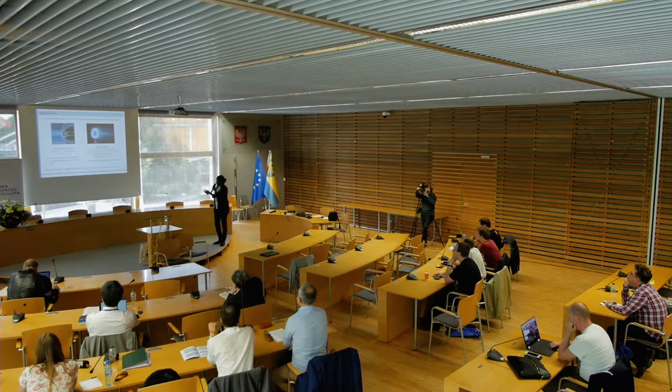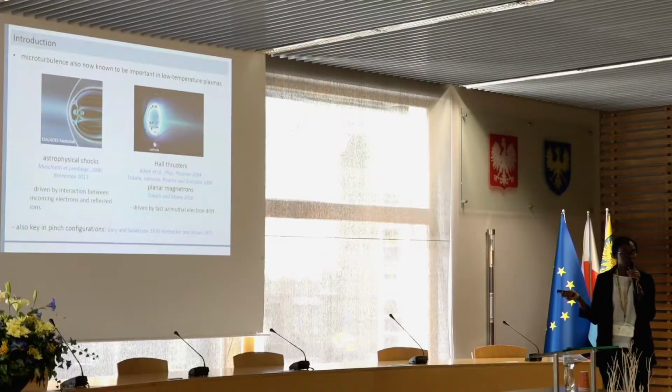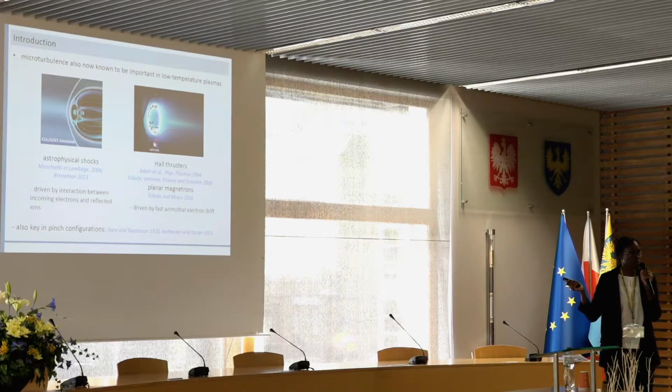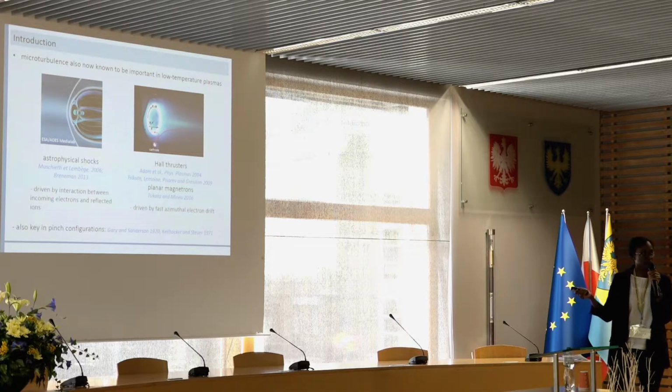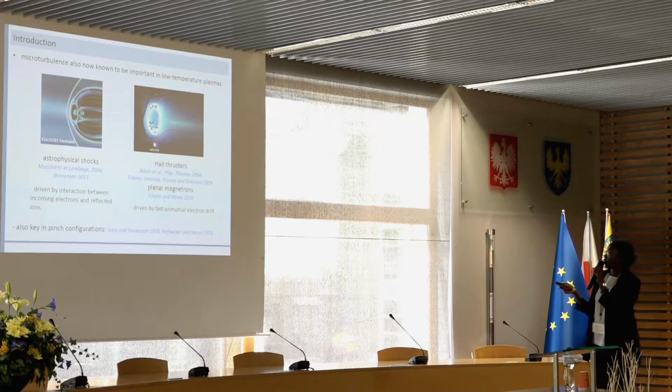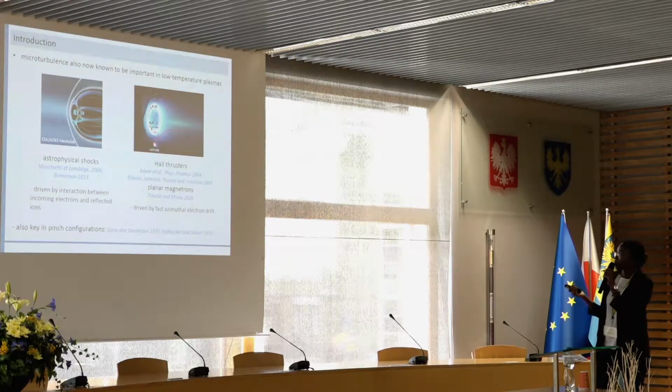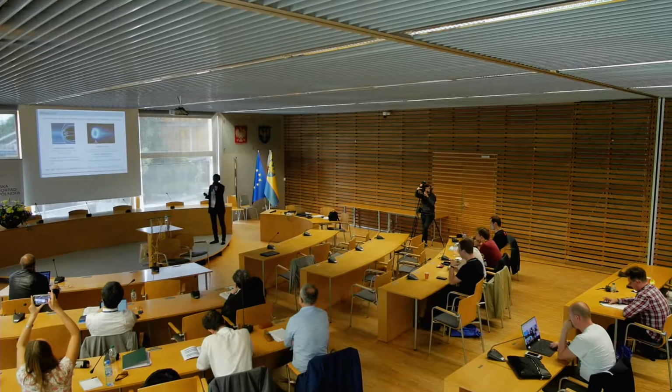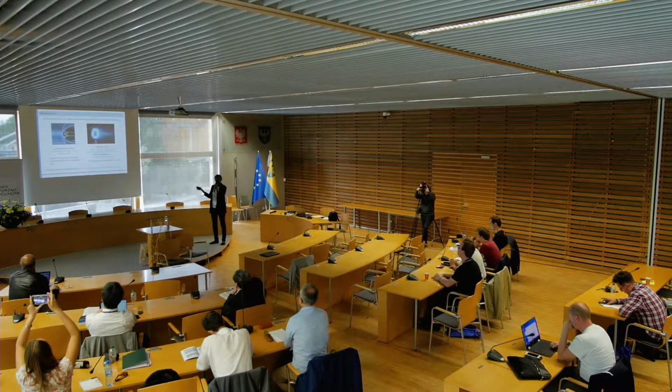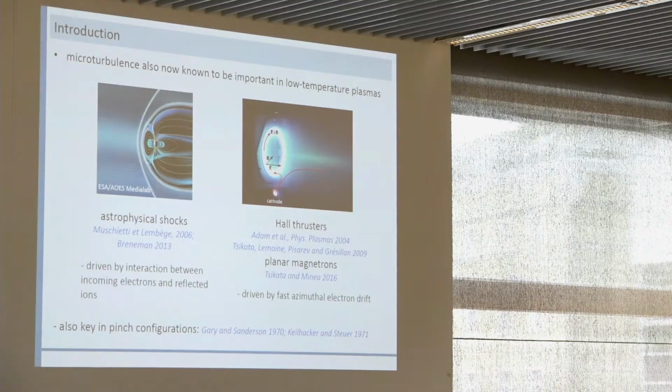Microturbulence is not only present in the fusion context, it's also important for other low temperature plasmas and environments. In the case of astrophysical shocks, I'll just give you the two examples that are perhaps the most striking. For several years it's been speculated that when charged particles from the solar wind interact with the Earth's magnetosphere, you can develop certain types of small-scale oscillations.